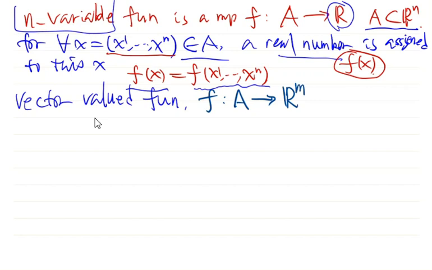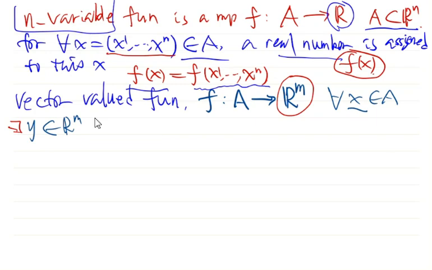This means for any x in A, you associate a point y in the codomain Rm. Of course, this y depends on x.